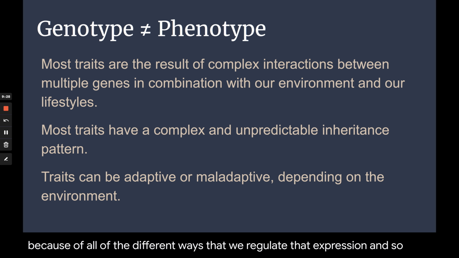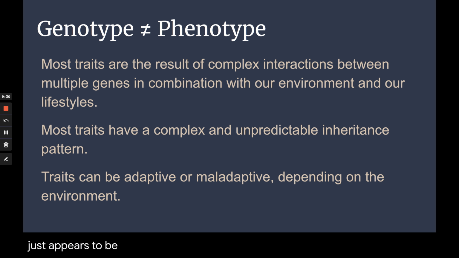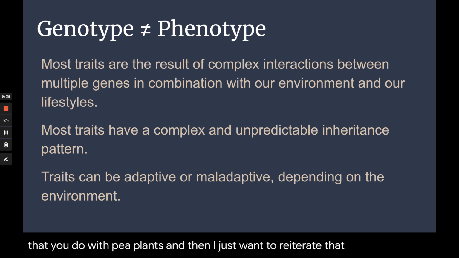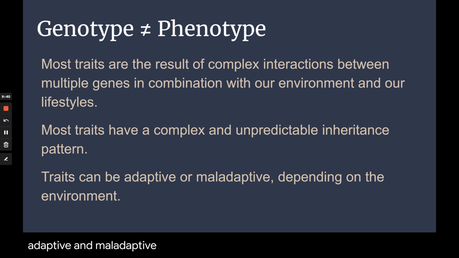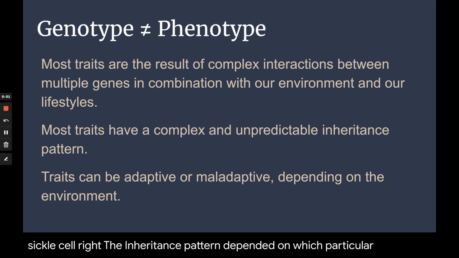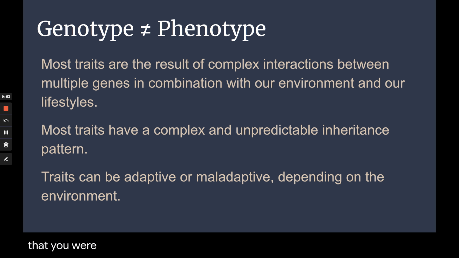And so it just appears to be really complex, and you don't always get the nice pedigrees that you do with pea plants. And then I just want to reiterate that traits can be adaptive or maladaptive depending on the environment. And we saw this with sickle cell, right? The inheritance pattern depended on which particular phenotype that you were looking for.